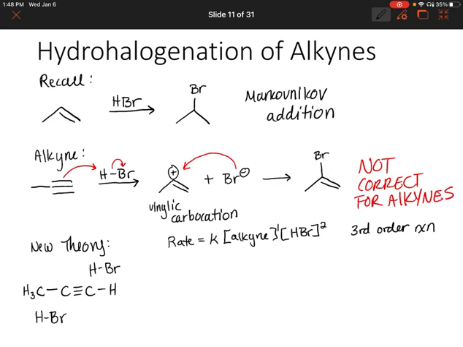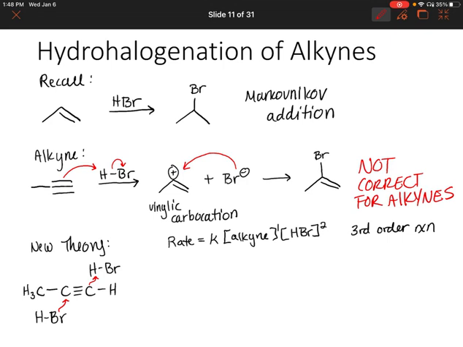So the thought is that the bromine from the HBr on the bottom is going to attack the more substituted carbon in the triple bond. And then the less substituted carbon will attack the hydrogen in the other HBr molecule.